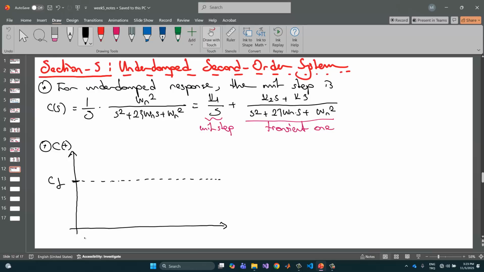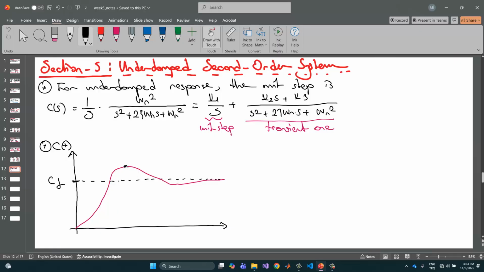And also if this is the underdamped, so this looks like this one, right? Because we know it. If this is the underdamped, this looks like this one, right? This kind of generalization always happens, okay?